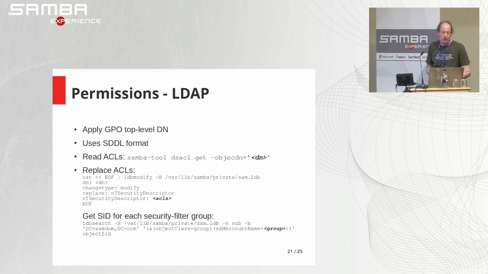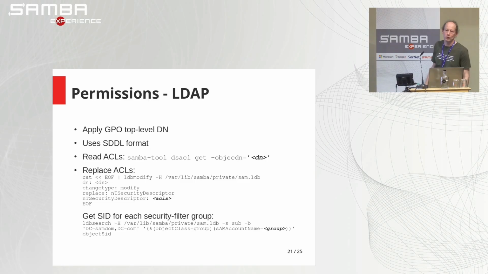Then we have the other half of it, which is the LDAP half, and it must match. So with LDAP we have 3 records, and also here you can just set it at the top level record. But unfortunately LDAP doesn't have that nice format that we can use in SMB, so we have to use the SDDL format, which is kind of obscure. You can read it with samba-tool dsacl get.